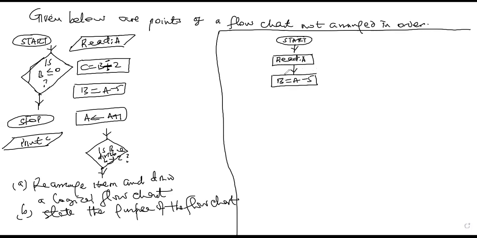But then ask yourself, is that B obtained divisible by 2? That's the question that should come here.